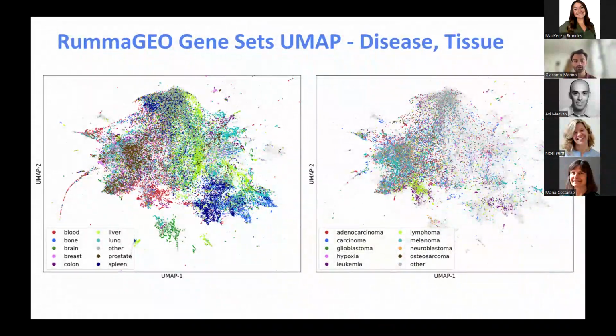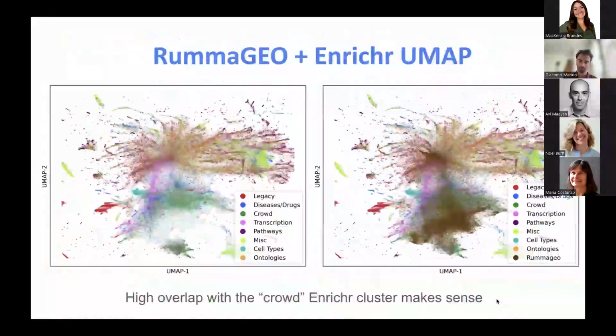And we can visually observe that we see some coherency in clusters of these tissues that we see from the signatures. And then on the right, we have the 10 most common diseases that were identified. And again, maybe it's slightly less coherent, but we definitely see some clusters of these various diseases that we identified in the GEO metadata.